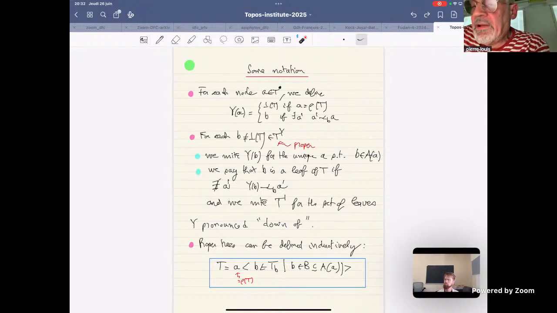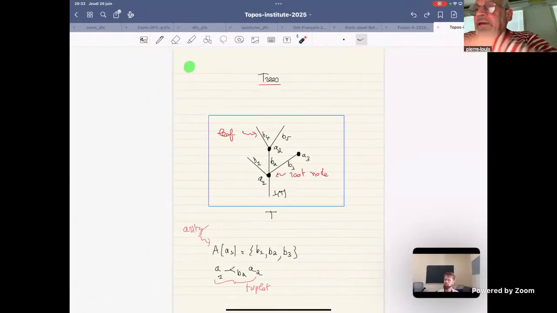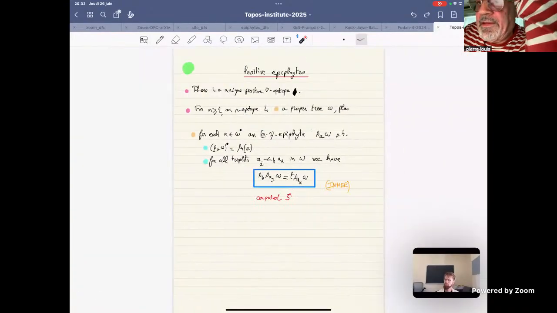Its root, to which are grafted trees in some of the positions that are allowed by A. Allowed by A means that A has a certain arity, which is A of A, and on some of these incoming edges, I will attach other trees. And because the trees have leaves, sometimes there is nothing attached. So for example, here, there's nothing attached, and it's precisely because it's a leaf. Okay, so I think it's enough for notation.